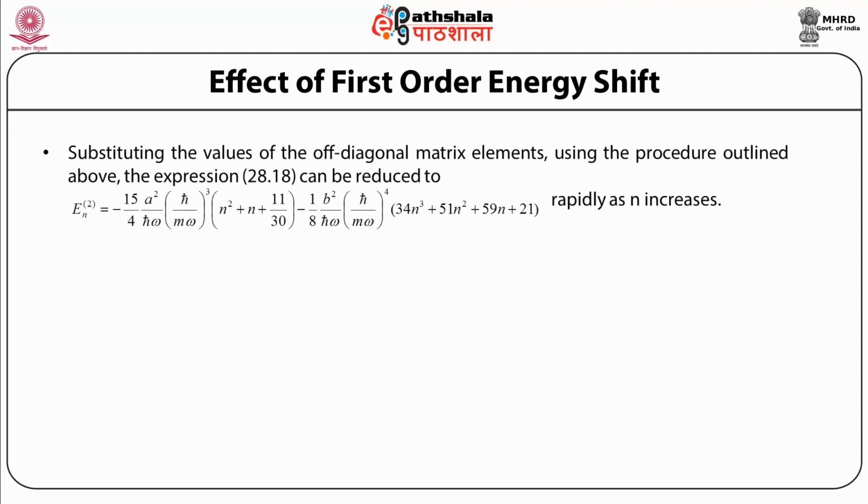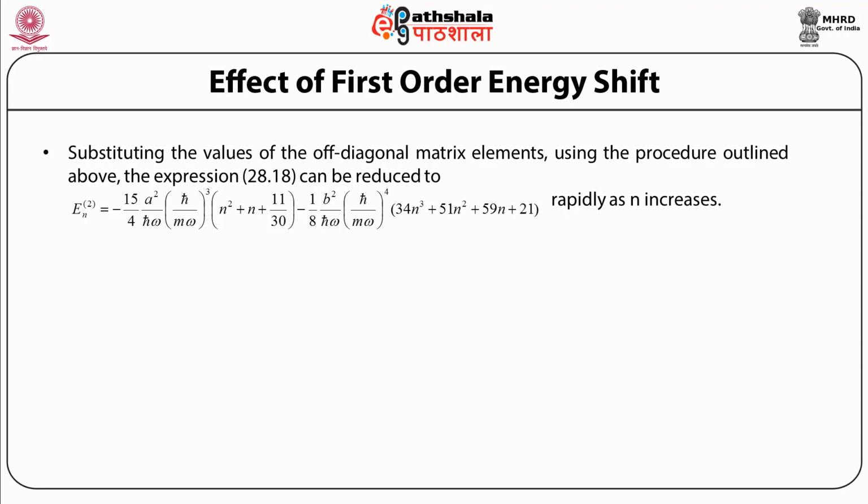Substituting the values of the off-diagonal matrix elements using the procedure outlined above, the expression 28.18 can be reduced to En2 equals minus 15 by 4 into a square by h bar omega into (h bar by m omega) whole cube into (n square plus n plus 11 by 30) minus 1 by 8 b square by h bar omega into (h bar by m omega) to the power 4 into (34 n cube plus 51 n square plus 59 n plus 21).